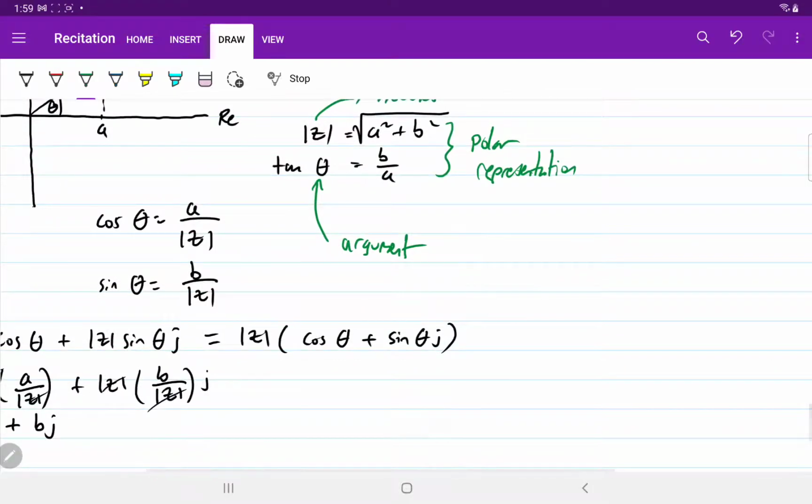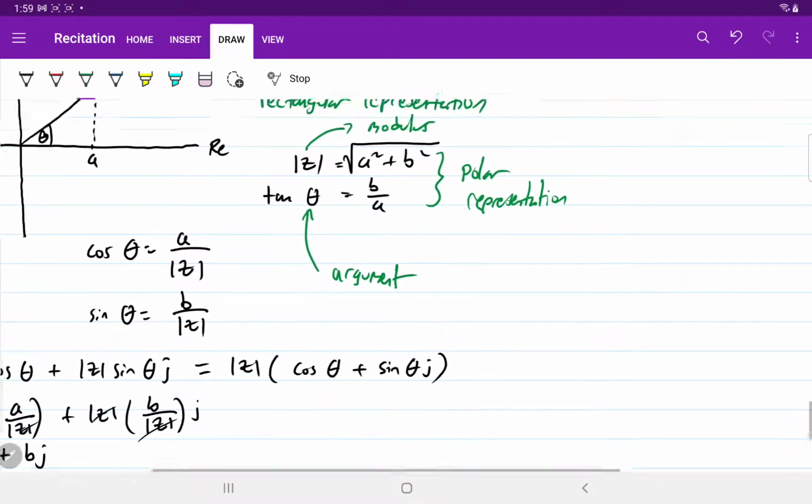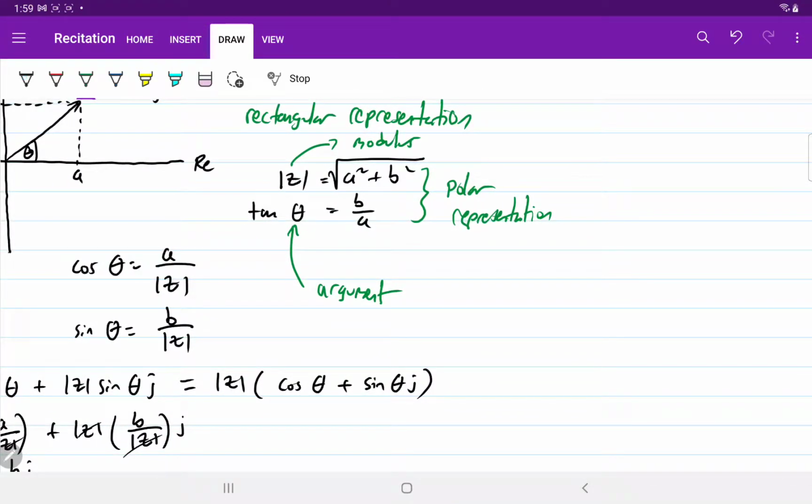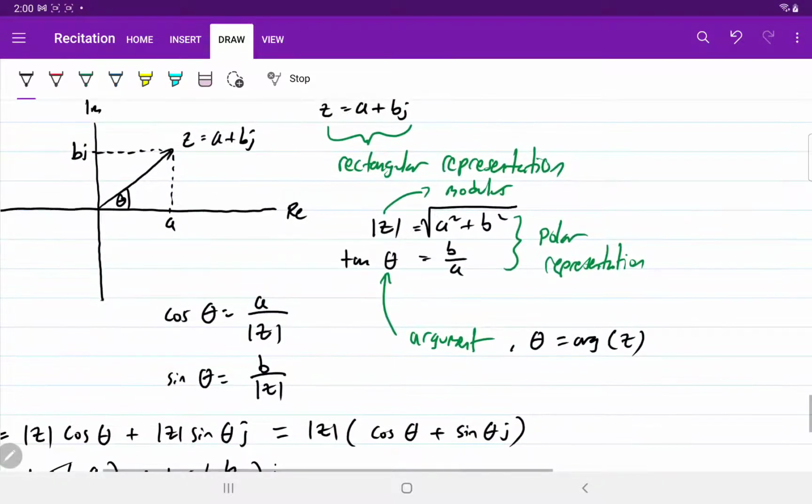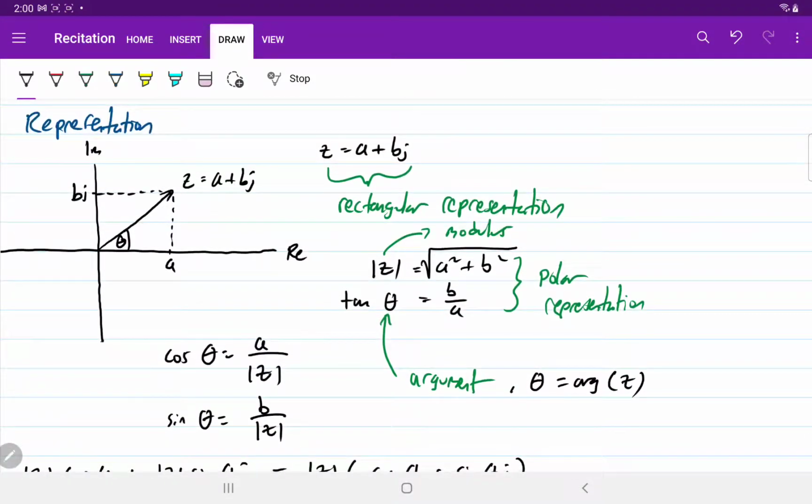Or we say that theta is the argument of z. So in general this is how we can represent a complex number, either in rectangular form or in polar form.